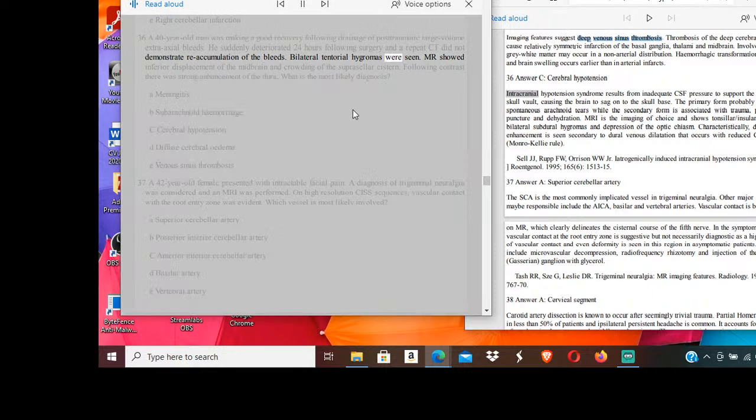Bilateral tentorial hygromas were seen. MR showed inferior displacement of the midbrain and crowding of the suprasellar cistern. Following contrast, there was strong enhancement of the dura. What is the most likely diagnosis? A. Meningitis, B. Subarachnoid hemorrhage, C. Cerebral hypertension, D. Diffuse cerebral edema, E. Venous sinus thrombosis.